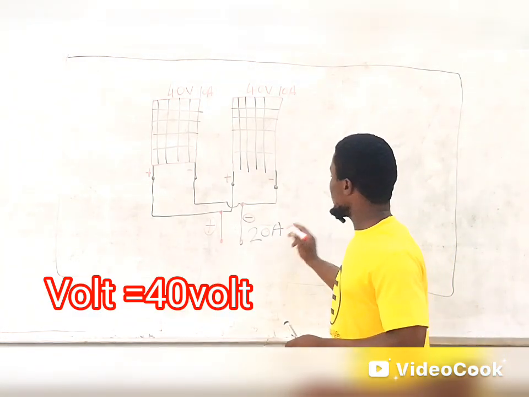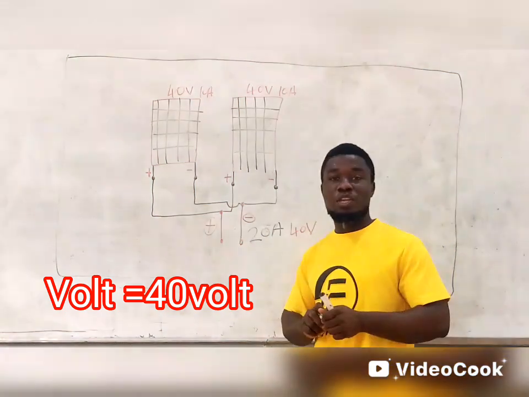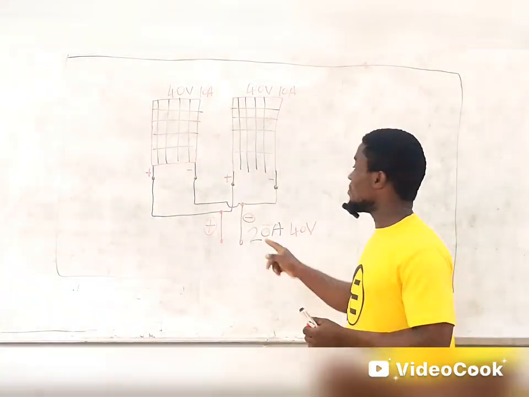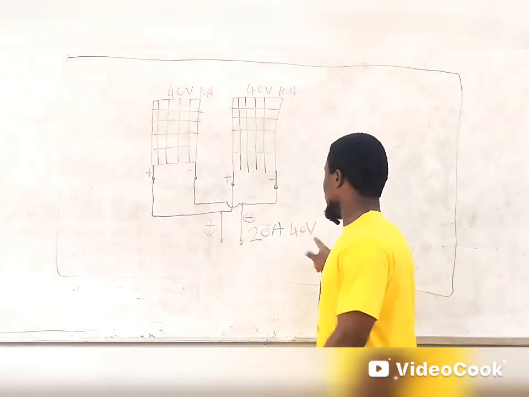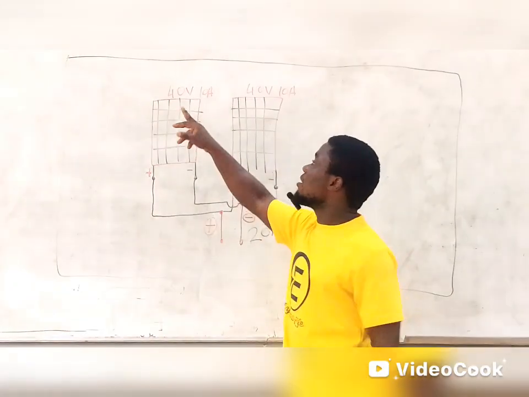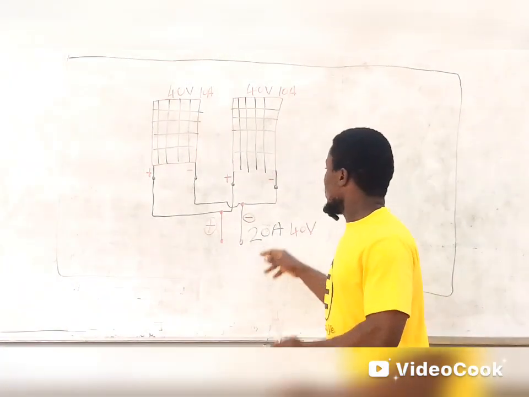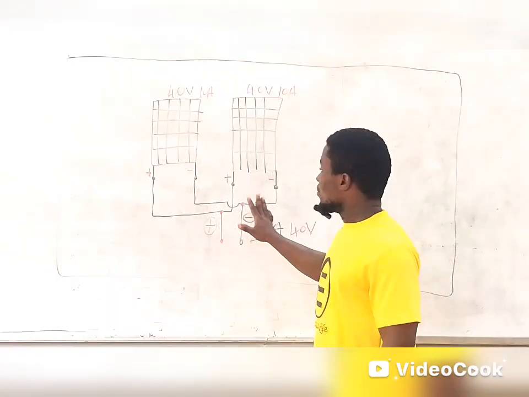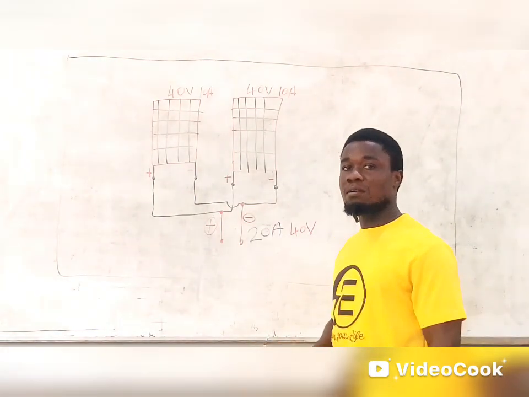So we'll have 20 amp at 40 volts. This is what happens when you connect a solar panel in parallel. The amp, which is the current, adds up and the voltage remains the same. Take note of that. This is what it means to connect solar panels in parallel connection.